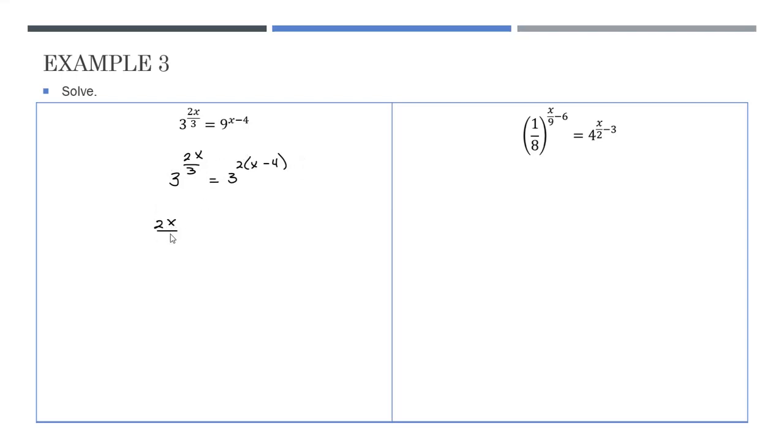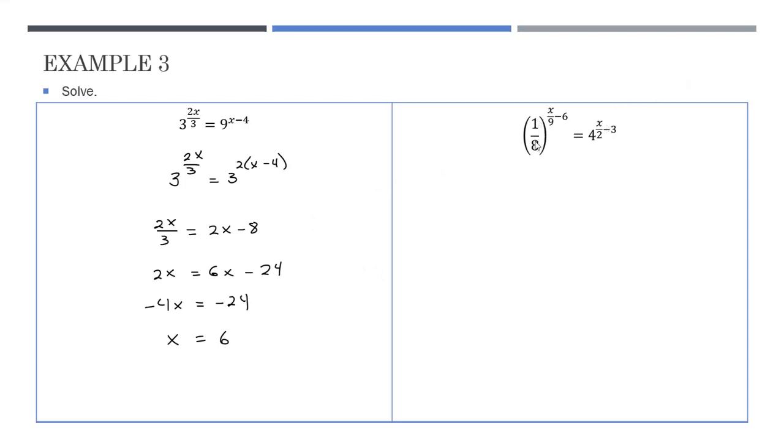So, the exponents equal to each other. So we get 2x minus 8. I'm just going to multiply everything by 3 here. I think it'll make our life a little bit easier. So I get 6x and then minus 24. I'll subtract 6x from both sides, so I get negative 4x equals negative 24. And divide both sides by negative 4, so you get x is equal to 6. So not too bad. Let's look at the next one.